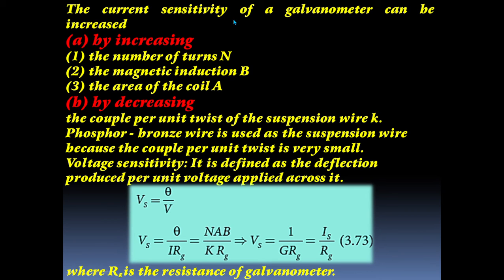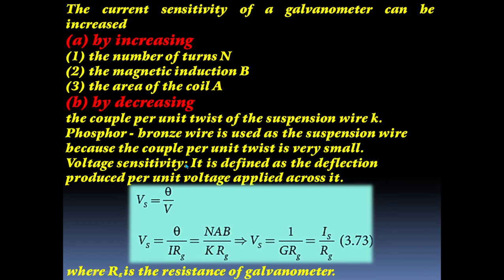The current sensitivity of a galvanometer can be increased by increasing the number of turns N, by increasing the magnetic induction B, by increasing the area of the coil A, and by decreasing the couple per unit twist of the suspension wire K. Phosphor bronze wire is used as a suspension wire because the couple per unit twist is very small.